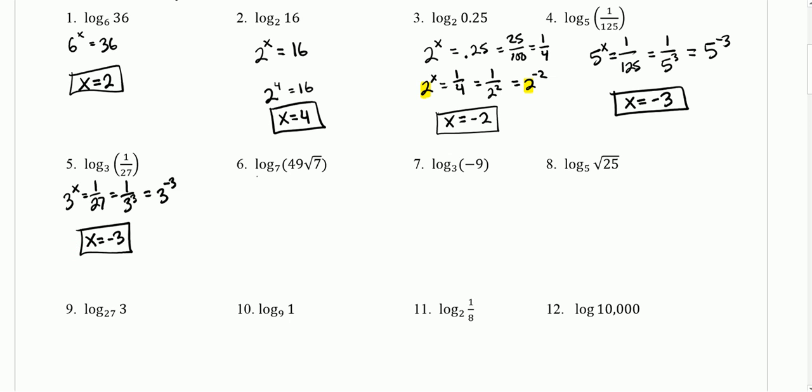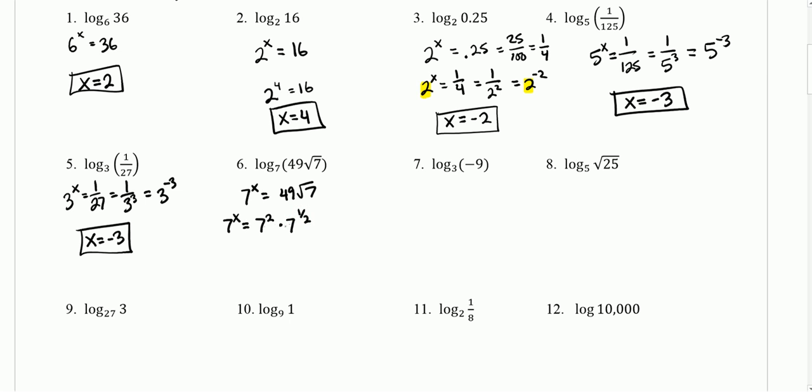6, log base 7 of 49 root 7 is asking the question, 7 to what power is 49 root 7. Well, 49 is 7 squared, so 7 to what power is 7 squared times the square root of 7, which is 7 to the 1/2 power.